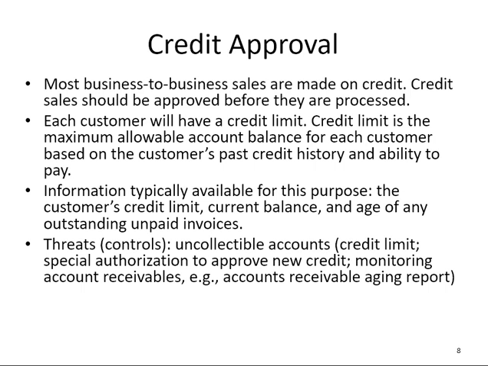And also we need special authorization to approve new credit or to increase existing credit. Usually this can be done by the credit manager. This cannot be done by the sales manager or salesperson.